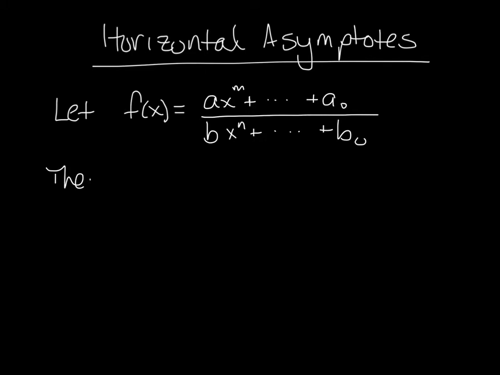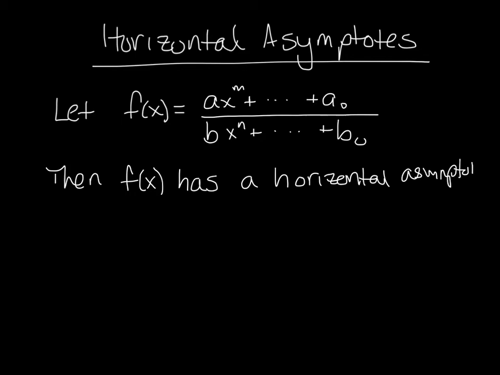So then f of x has a horizontal asymptote when, if A is bigger than B, then there is no horizontal asymptote.